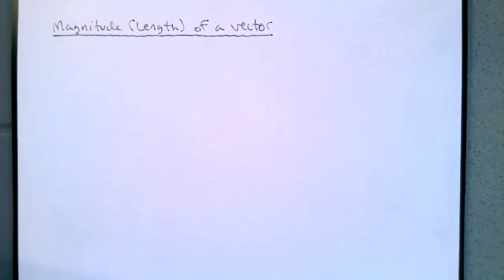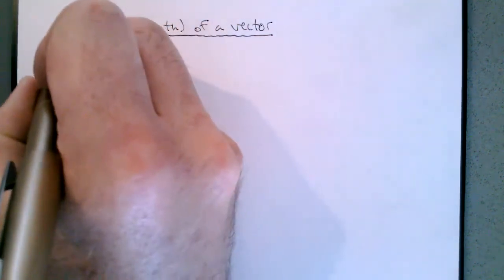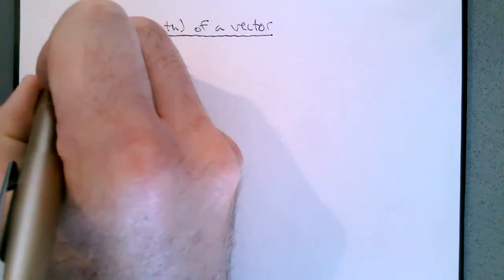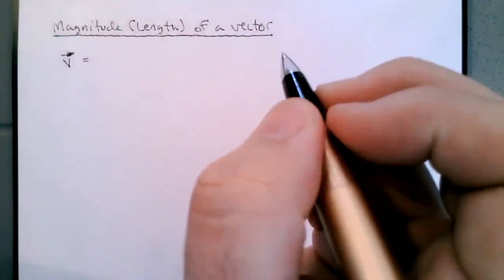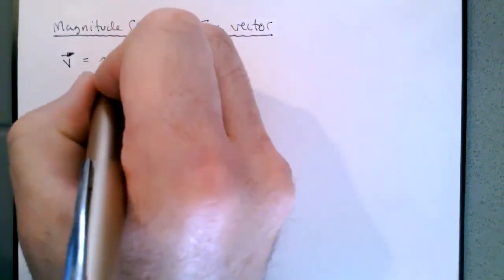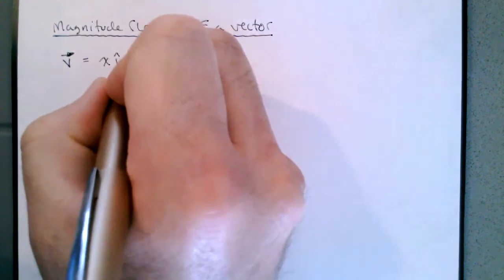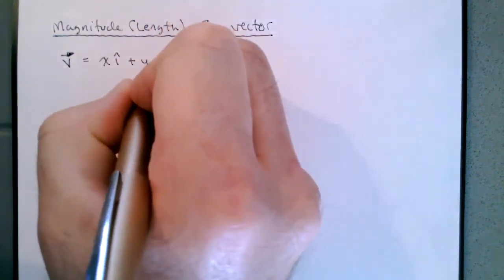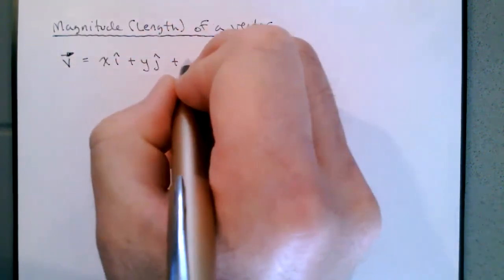So let's come up with a vector. Let's say v, and let's give it 3 components, since I'm not going to be drawing it. Let's say v is, there's an i component, a j component, and a k component.